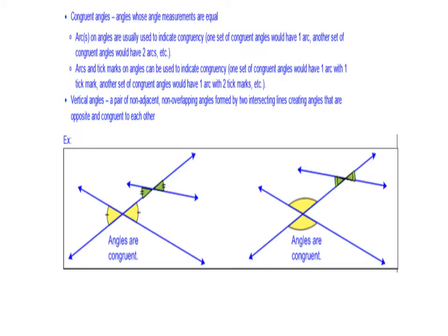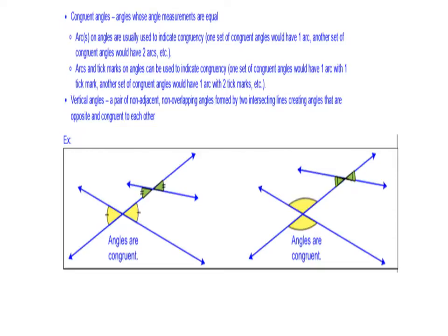Now, vertical angles. Vertical angles are a pair of non-adjacent, non-overlapping angles formed by two intersecting lines, creating angles that are opposite and congruent to each other. Well, what do we mean?